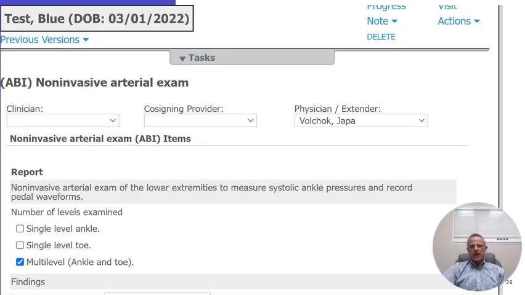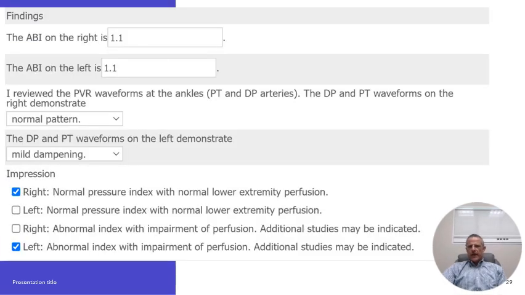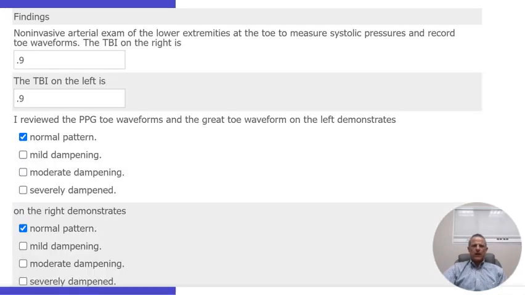So in Wound Expert, if you go under additional documents in your progress note, there is one called ABI non-invasive arterial exam. This is where you would pick if you did a single level at the ankle or the toe, or multi-level ankle and toe. You then would enter the ABI numbers. You would determine what types of waveforms there are for the right and left DP and PT.